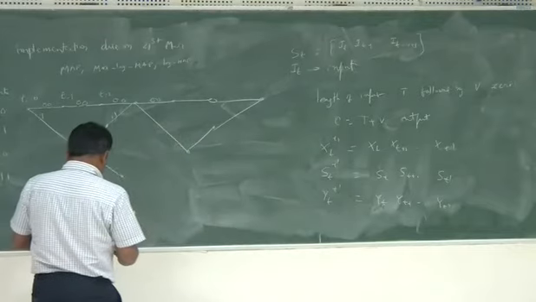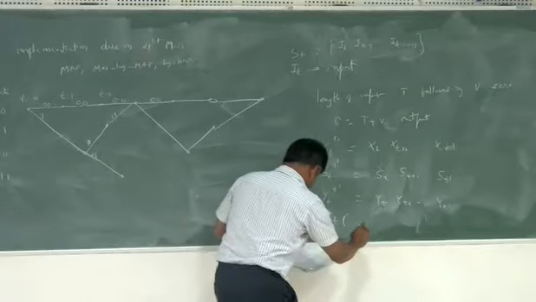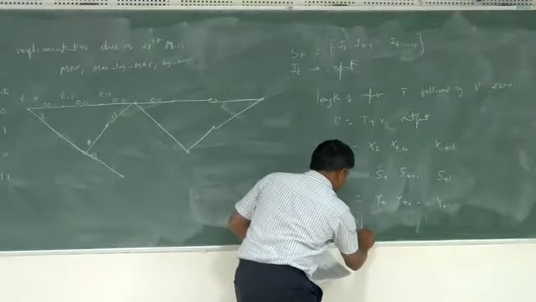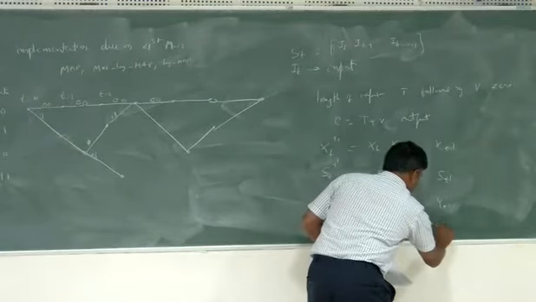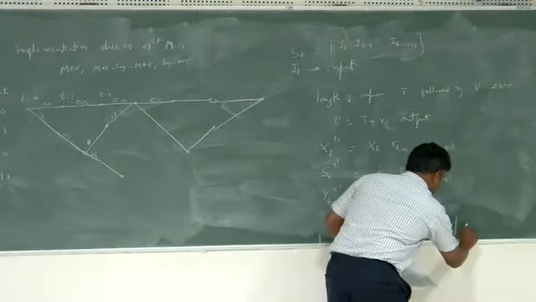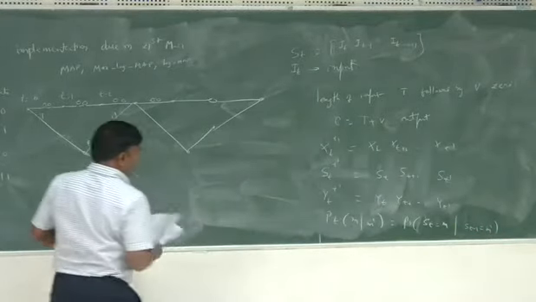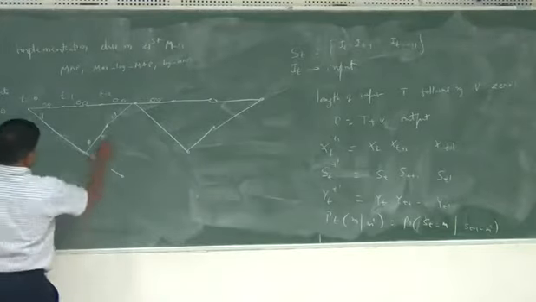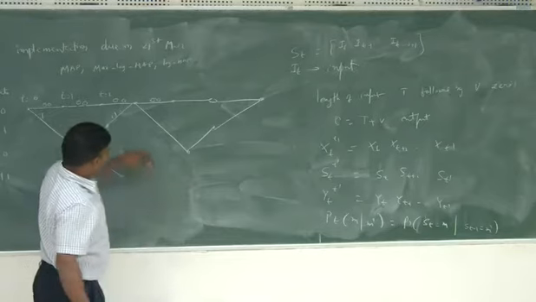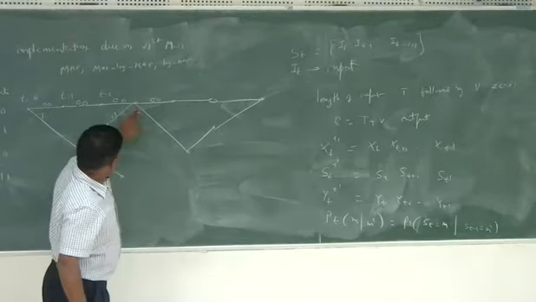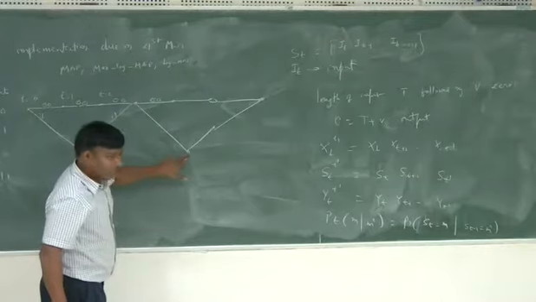We define the state transitions p_t(m given m prime) as the probability of st equal to m when st minus 1 is equal to m prime. So what are m and m prime? If this is m prime, this could be m. Probability of st equal to m given s_{t-1} equal to m prime. If you are in this particular state, what is the probability of reaching this point?